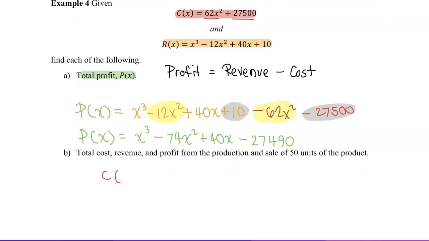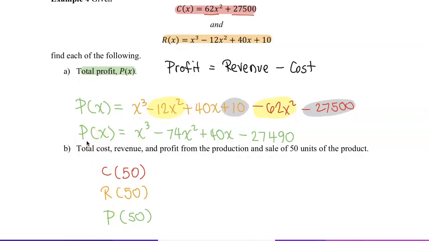total cost, revenue, and profit from the production and sale of 50 units of the product. So it's basically asking us to find C of 50, R of 50, and we can find the profit by subtracting orange minus red. But since we got that profit function written, let's plug it in.